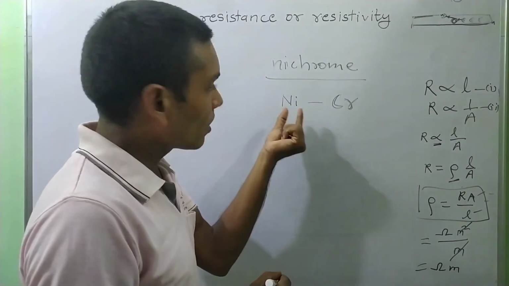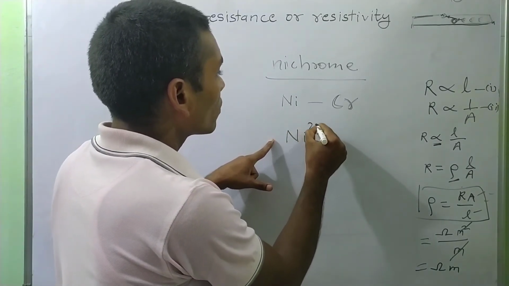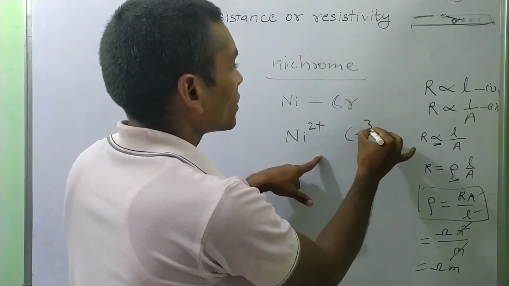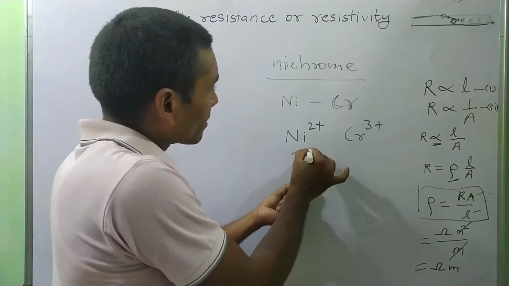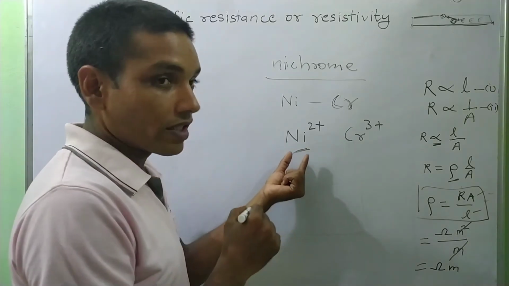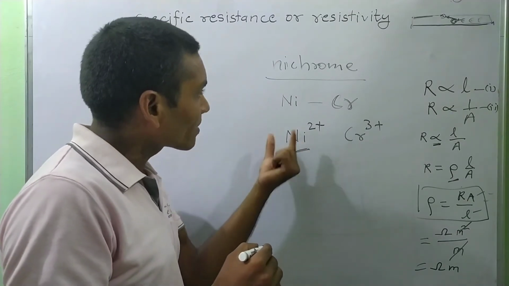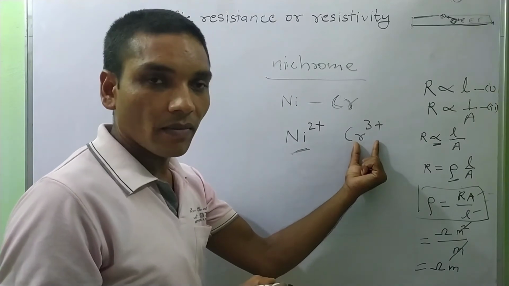The charge on nickel is 2 plus and the charge on chromium is 3 plus. The size of nickel is smaller than the size of chromium.